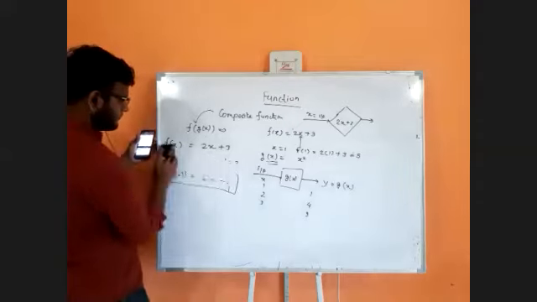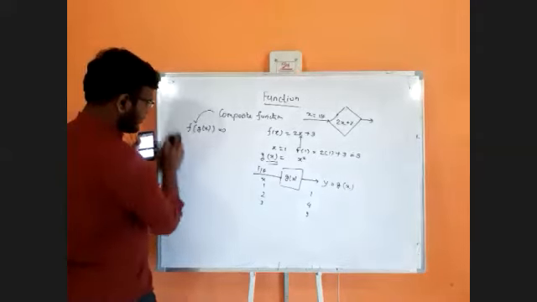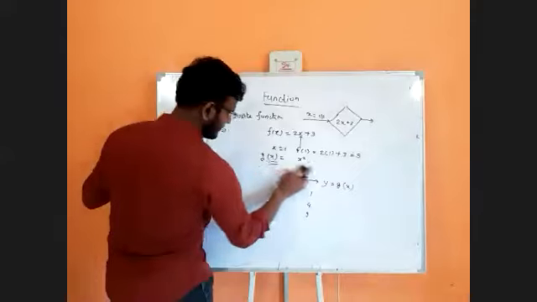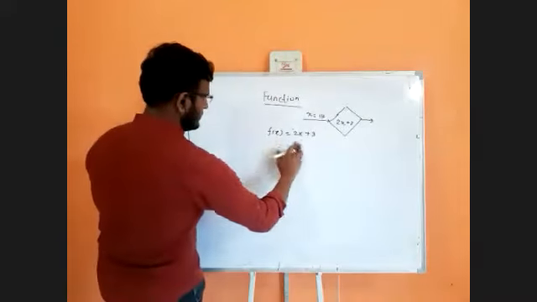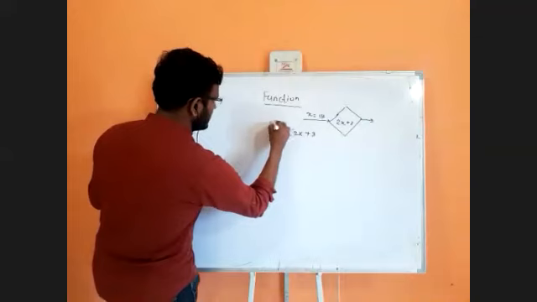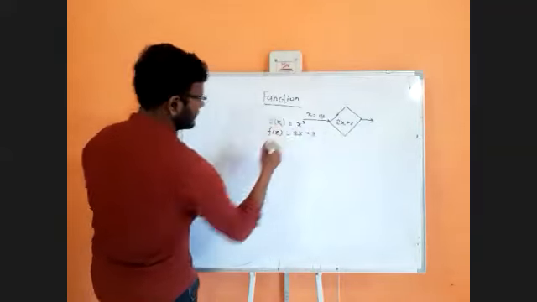So this is about f(g(x)). Now let's see g(f(x)). So rewrite those functions. f(x) was 2x + 3 and g(x) is x squared.